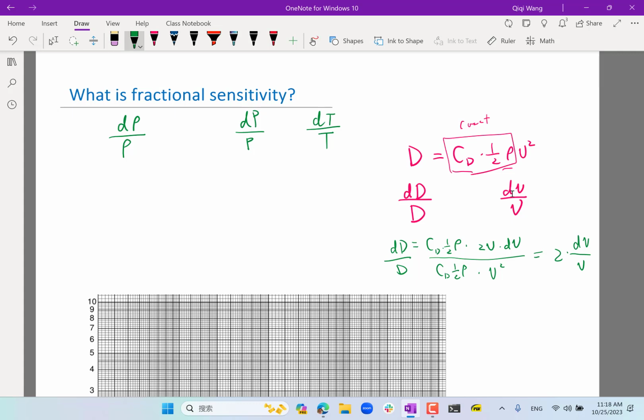It's not a coincidence. Anything that has a power law, you can derive it like that, right? So what this means is that if the velocity increases by 1%, the drag increases by 2%. If the velocity decreases by 1%, the drag decreases by 2%. It only works for small percentages. If the velocity increases by like 200%, this wouldn't work anymore. So that's why you have d, an infinitesimal change.